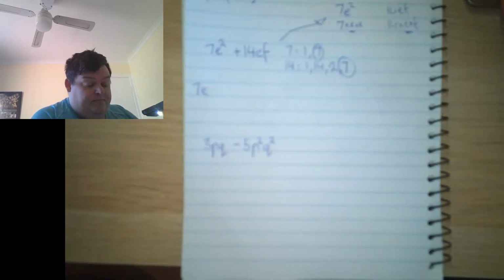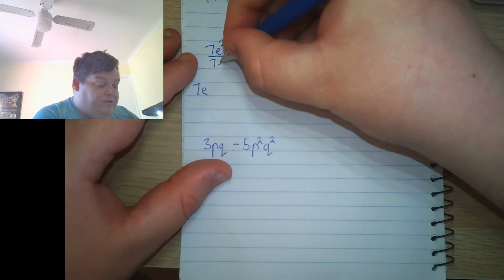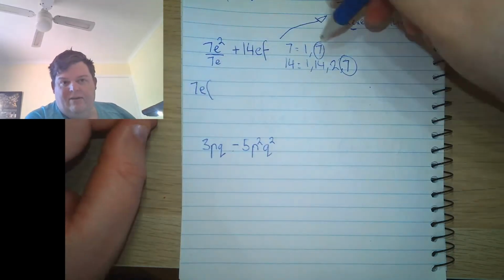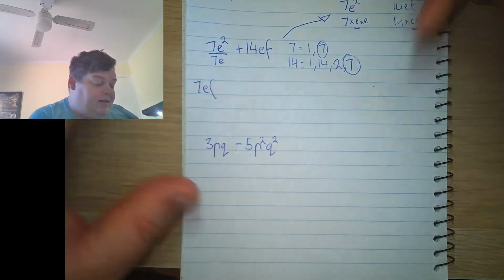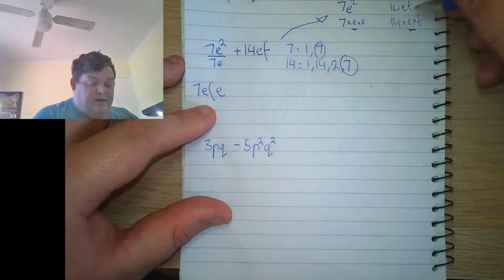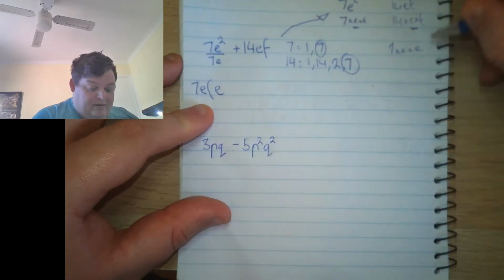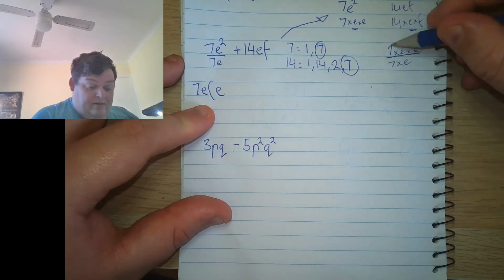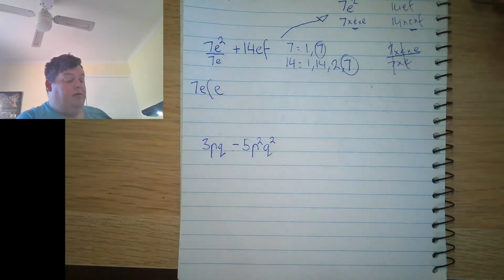Like that. So what is 7e squared divided by e? Well, it's just 7 times e times e divided by 7 times e. It cancels itself out, and it just gets left with a single e. If you're not sure how that works out, the 7's cancel, the e's cancel, and you're left with just an e, right?